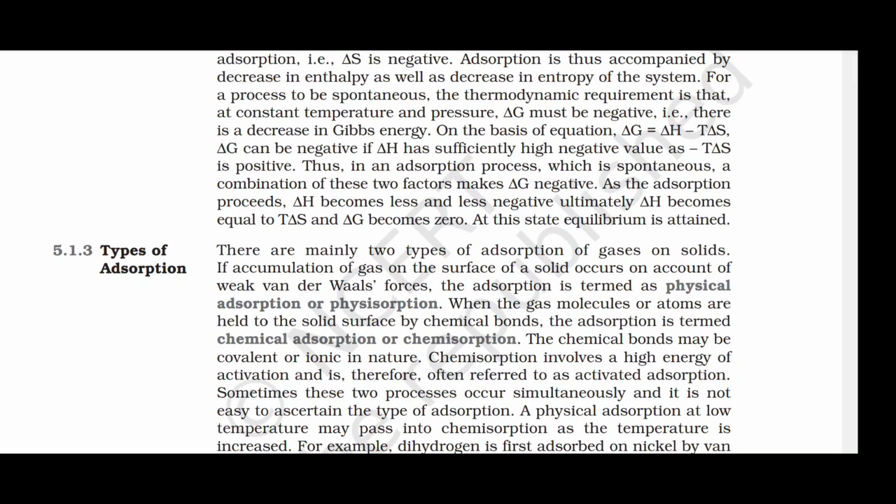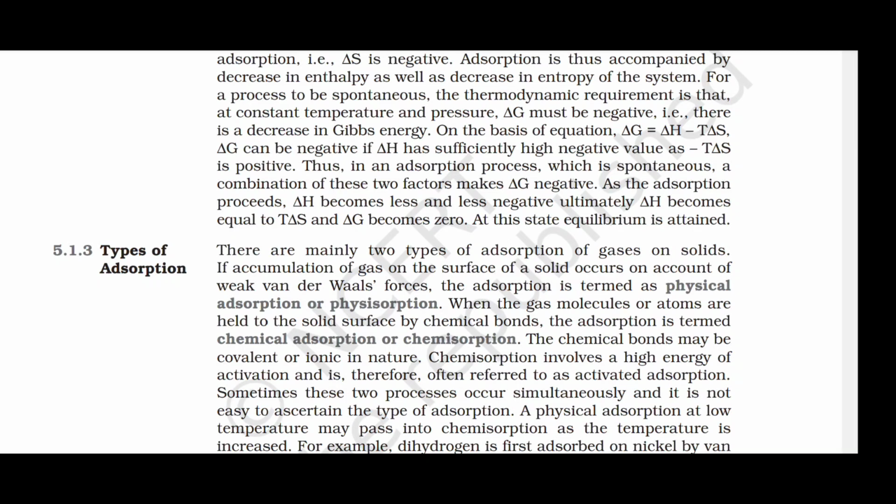When the gas molecules or atoms are held to the solid surface by chemical bonds, the adsorption is termed chemical adsorption or chemisorption. The chemical bonds may be covalent or ionic in nature. Chemisorption involves a high energy of activation and is therefore often referred to as activated adsorption.